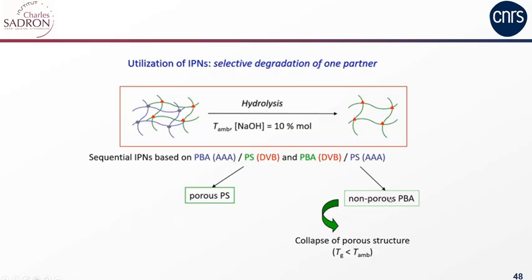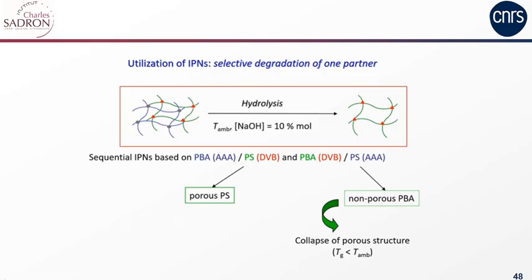And why? Because in fact, you did the reaction at room temperature. It means at a temperature higher than the Tg of the polybutyl acrylate. Polybutyl acrylate has a very low Tg, -40. So it means that at room temperature it is very soft and you have a collapse of the pores.